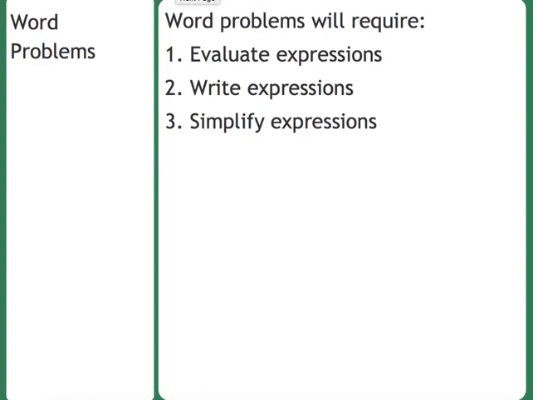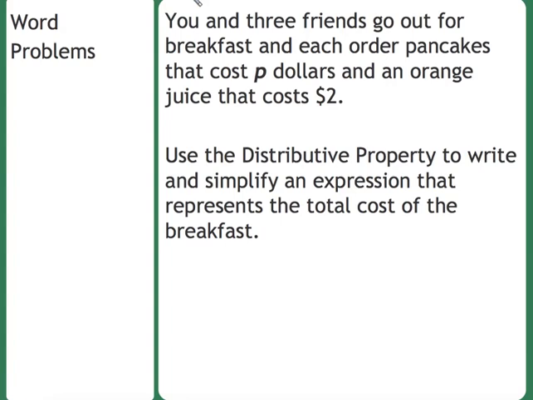Okay, there are a couple word problems on the test. You're going to need to evaluate expressions, write expressions, and simplify expressions. So let's look at one real quick. You and 3 friends go out for breakfast and each order pancakes that cost P dollars and an orange juice that costs $2. Use the distributive property to write and simplify an expression that represents the total cost of the breakfast.